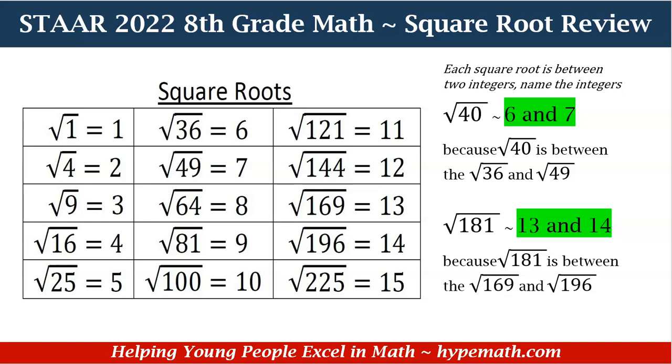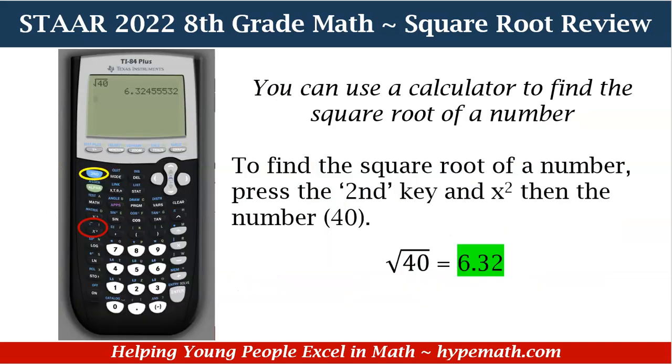Now let's dive into how we use our calculator. So when we have our calculator and we're trying to find the square root, the example we're using is the TI 84 Plus calculator. We find the second key, and also the x squared button. And why do we do that?